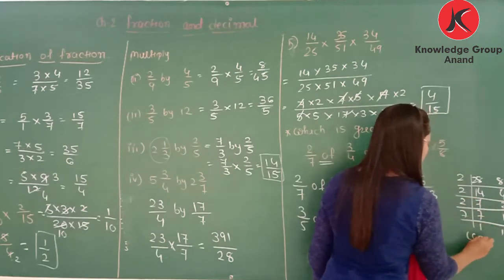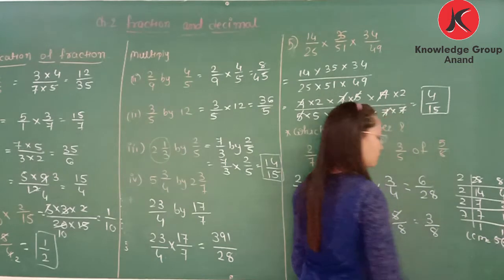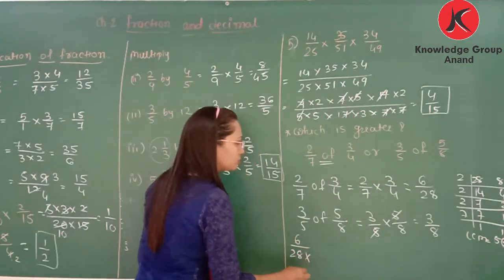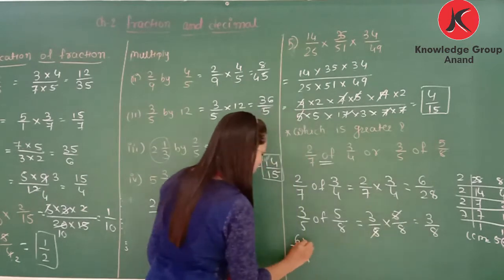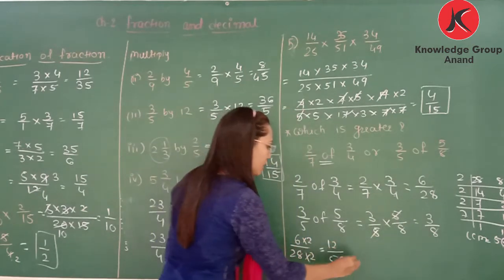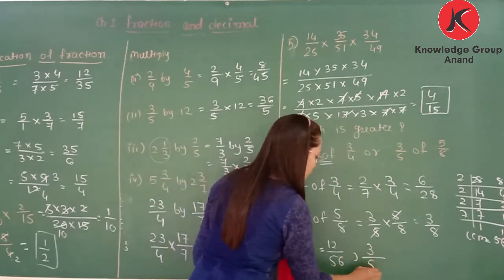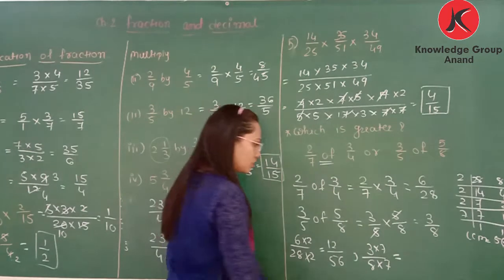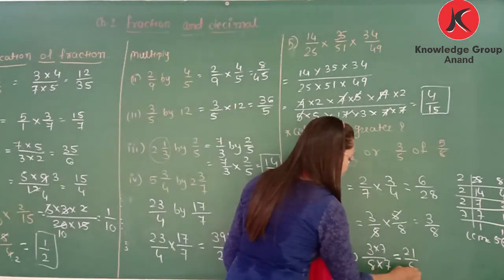So LCM is 56. So 6 by 28 is multiplied with 2. In the numerator and denominator we have 12 by 56. And 3 by 8 needs to multiply with 7 to get 56. So that is 21 by 56.